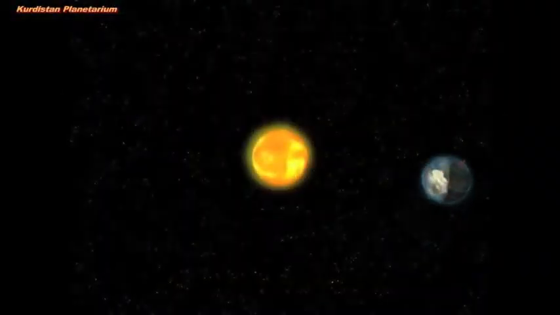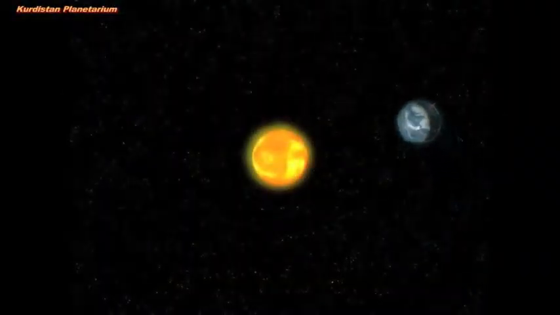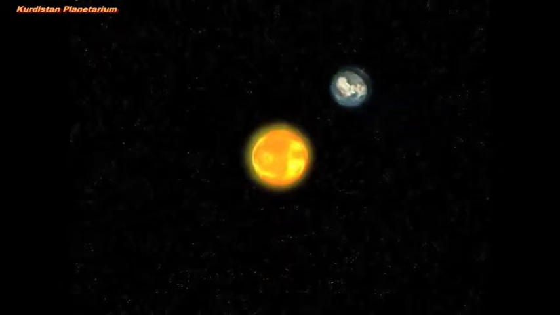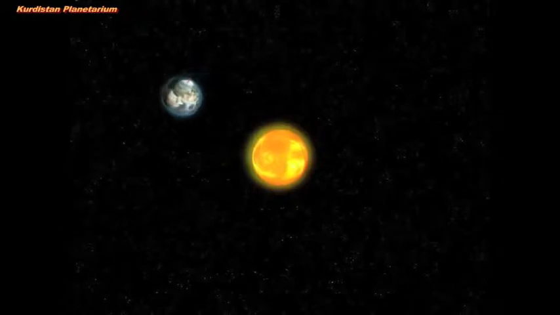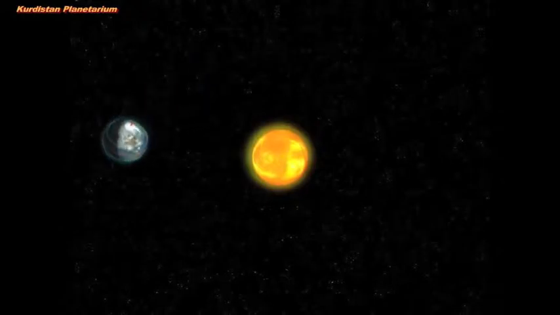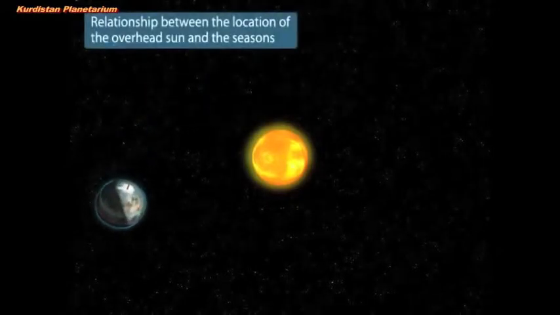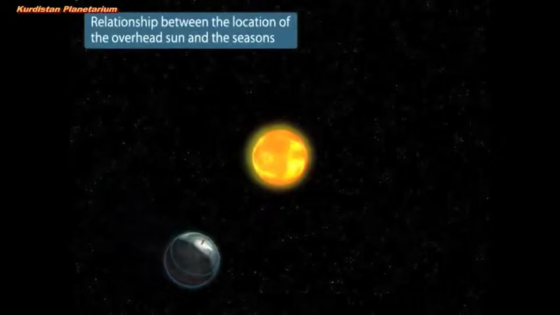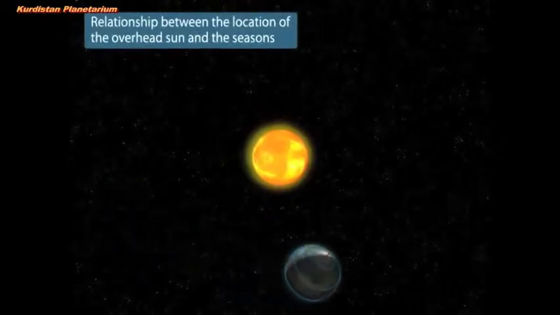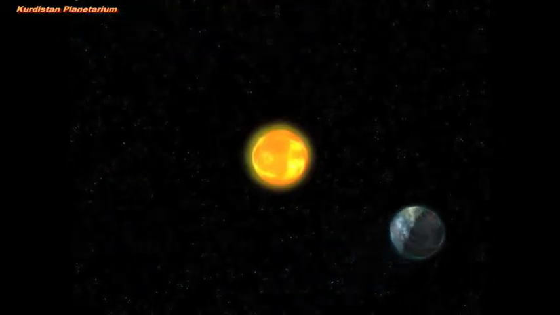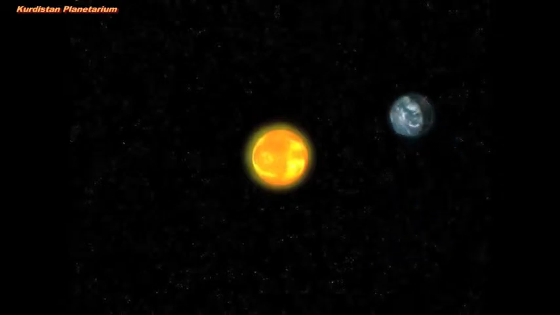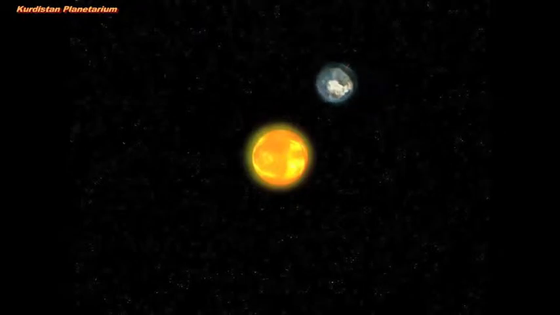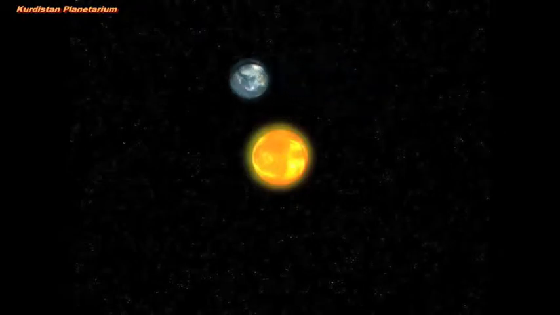Sunlight falling on different places during different seasons. This causes variations in the duration of days, nights, and seasons. Relationship between the location of the overhead sun and the seasons. Similarly, the revolution of the Earth and the tilting of the axis results in different angle of the sun during different periods.